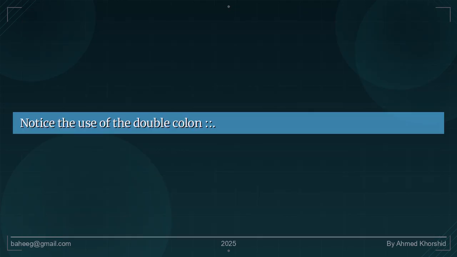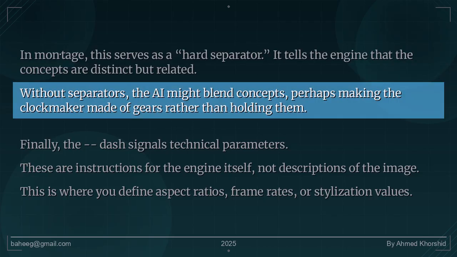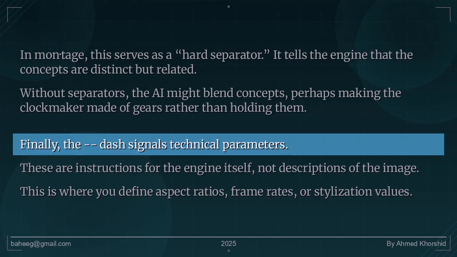Notice the use of the double colon. In Montime's Tage, this serves as a hard separator. It tells the engine that the concepts are distinct but related. Without separators, the AI might blend concepts, perhaps making the clockmaker made of gears rather than holding them. Finally, the dash signals technical parameters.